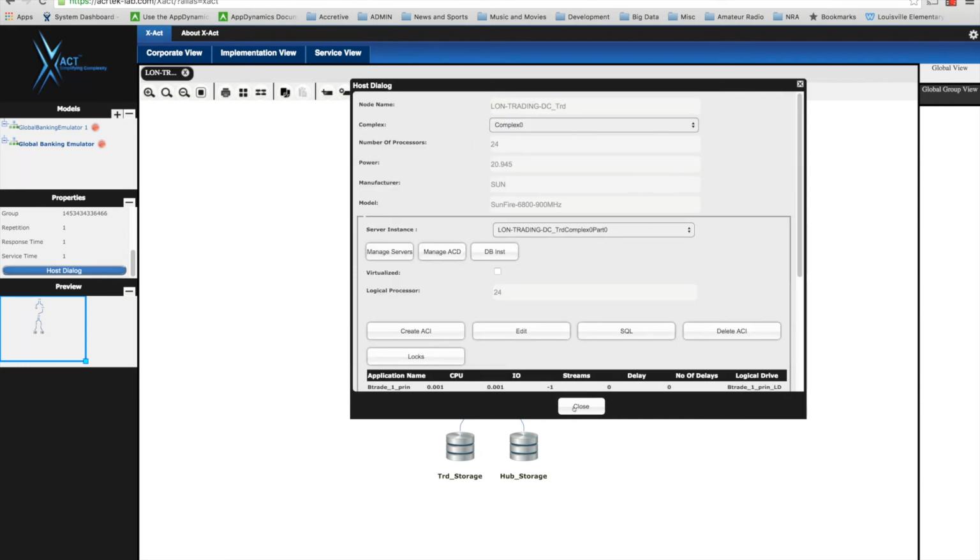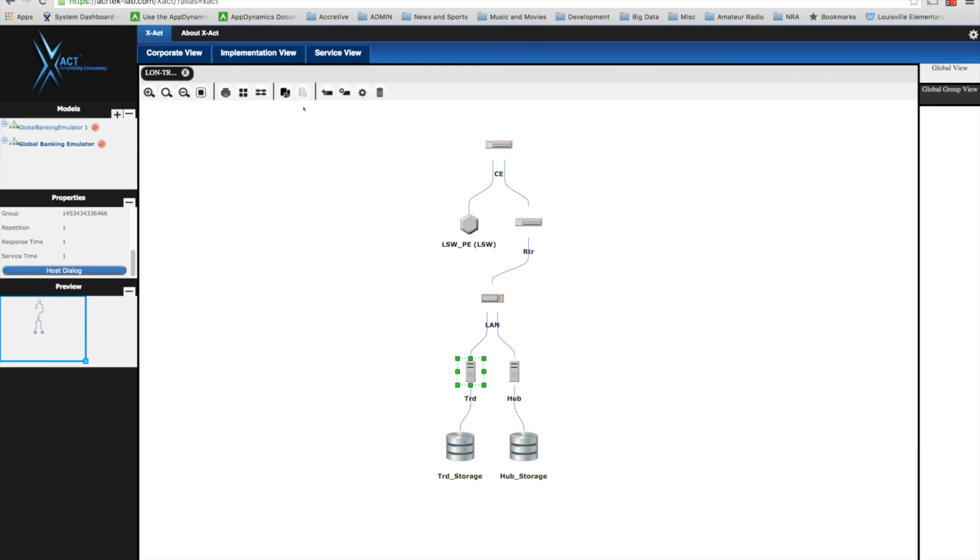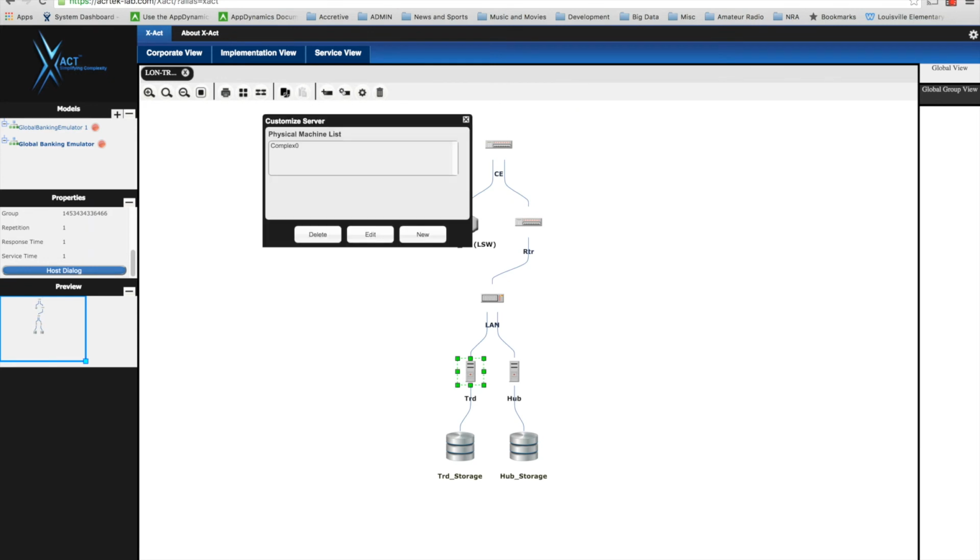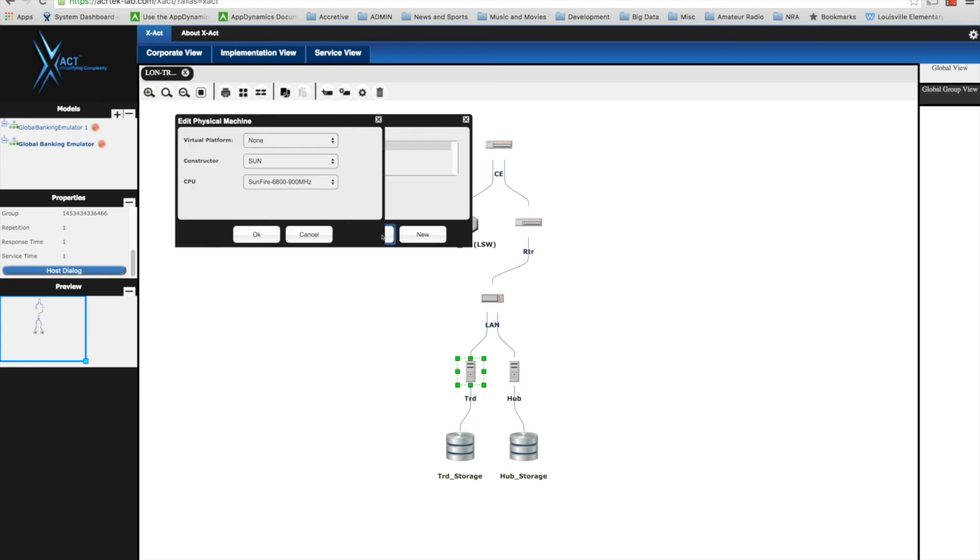One additional thing is that by selecting that, we can go in and actually edit the server's definition. So I can select complex 0 here and edit it. We can change that server to be virtualized. We can select a different manufacturer.